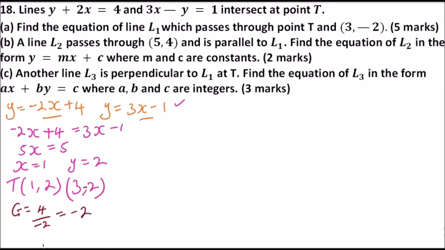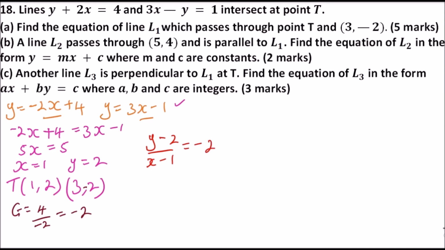Once you have the gradient, you can now get the equation of the line. We take one point, we can take (1, 2). So it is y minus 2 over x minus 1 is equal to the gradient, which is minus 2.